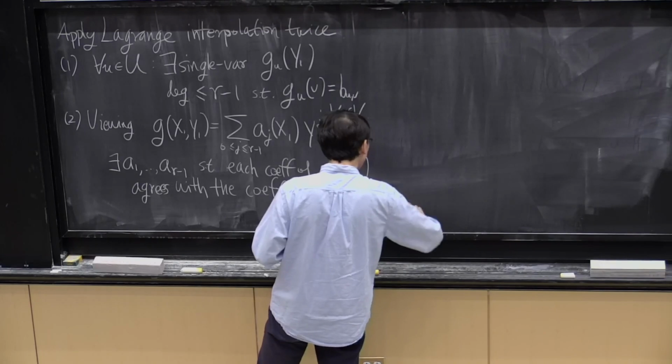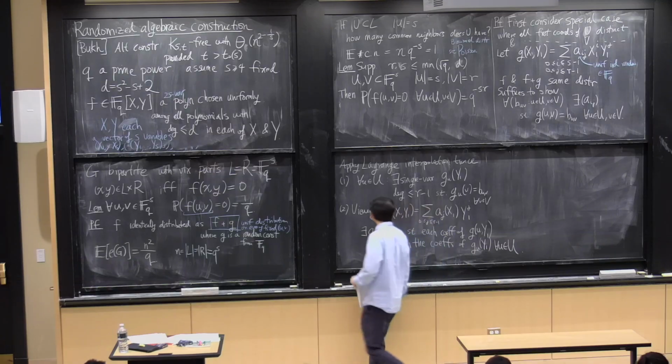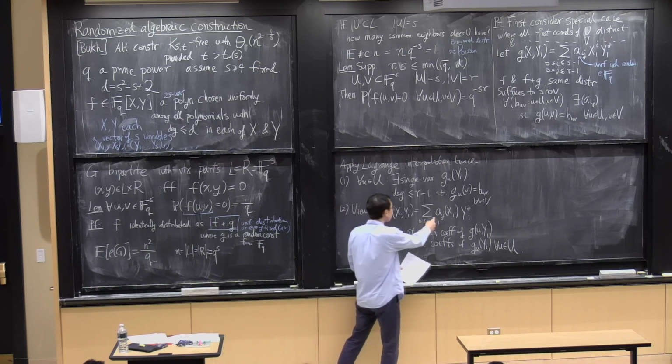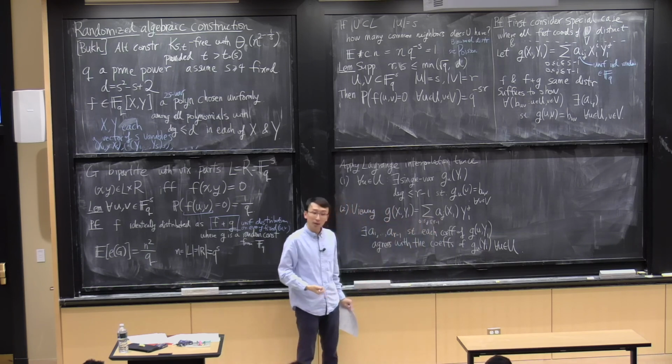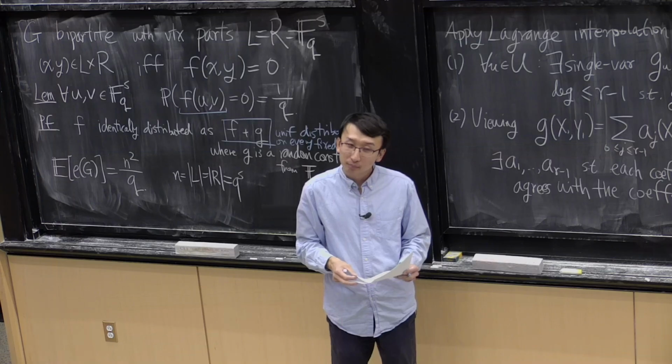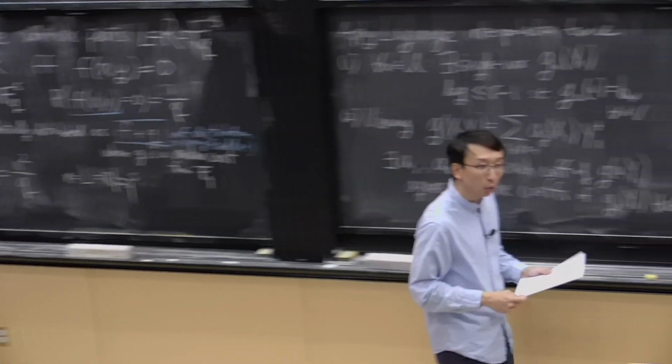And that should be the case for every little u. Once you find these polynomials, you have a bona fide polynomial G. And that's the claim above. So using Lagrange interpolation twice, once for each variable.